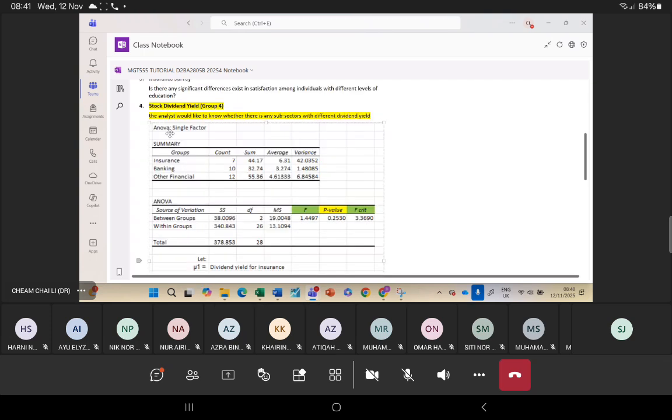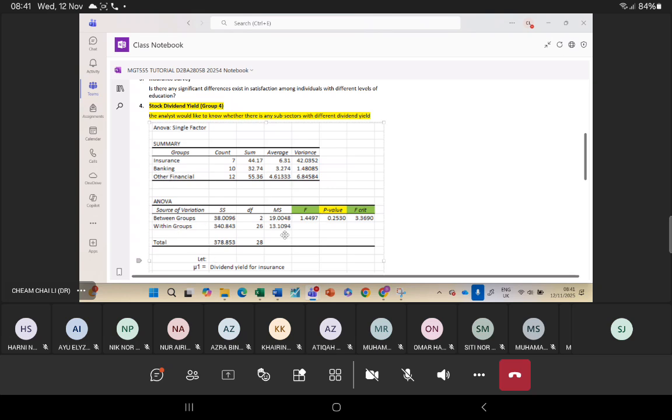Okay, determine, they would like to know whether there is any sector with different dividend yield. Okay, so yeah, the 3 subgroups: insurance, banking, and other financial subsector. So kalau you ada yang ni appear dekat sini, maksudnya you dah pilih group yang betul lah, right?